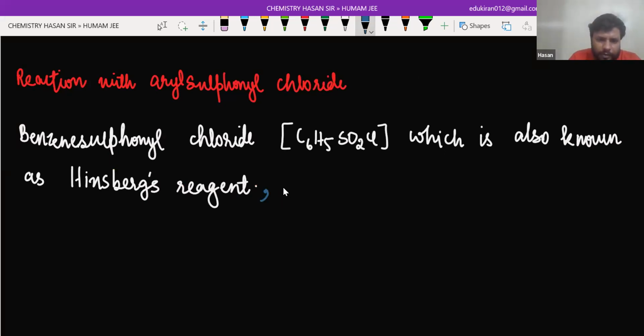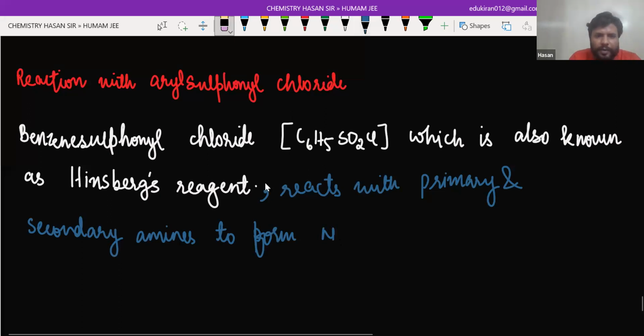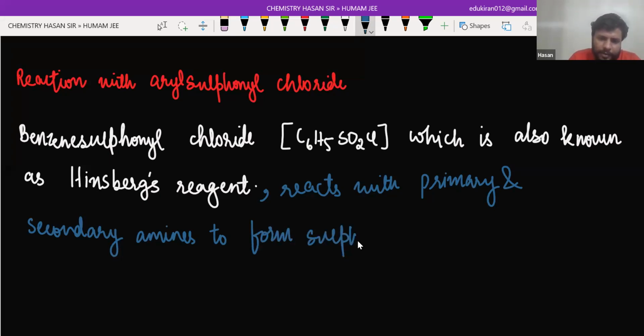And it reacts with primary and secondary amines to form sulfonamides.